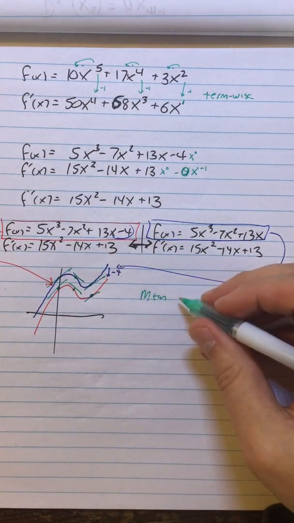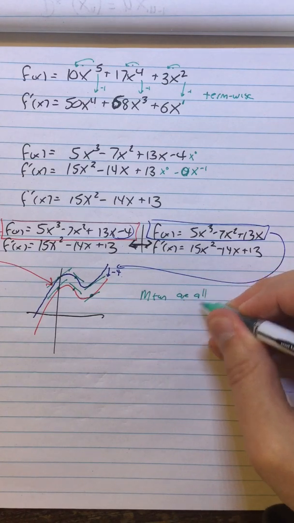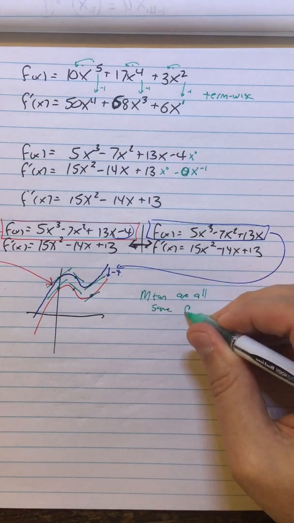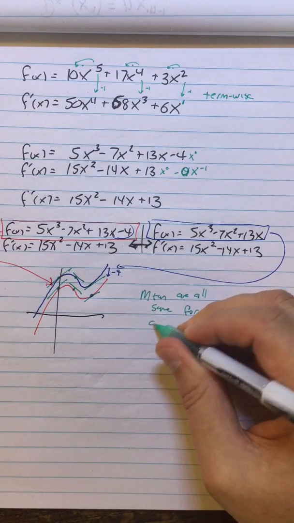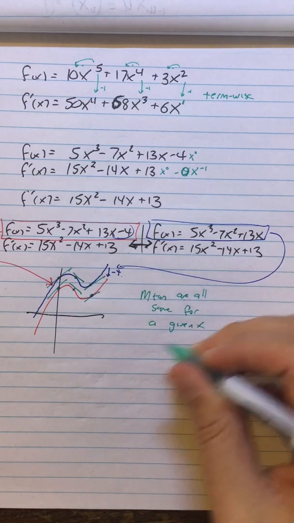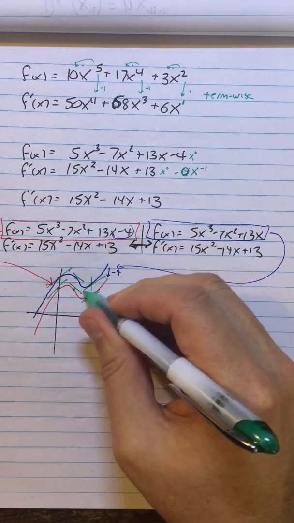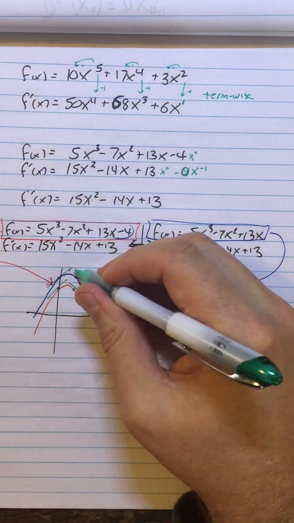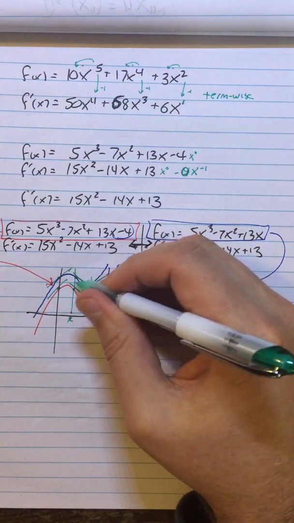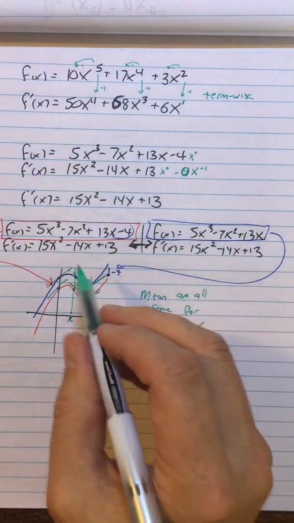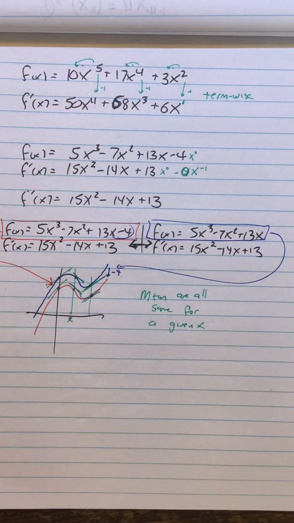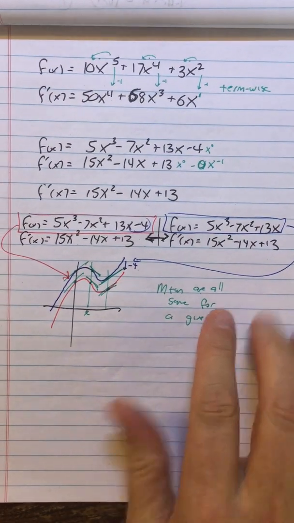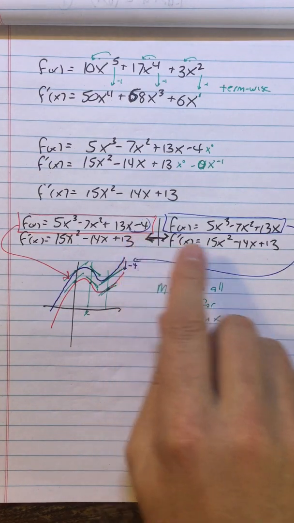So the slopes of the tangents are all the same for a given x. All right, so at any particular x value, the tangent lines are parallel. The slopes are going to be the same. That's why the derivatives are the same, even though this one has a minus 4 and this doesn't.